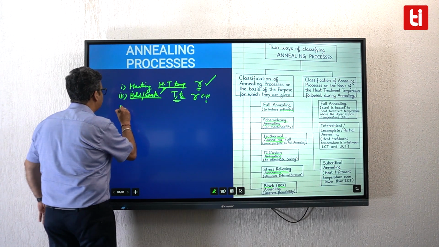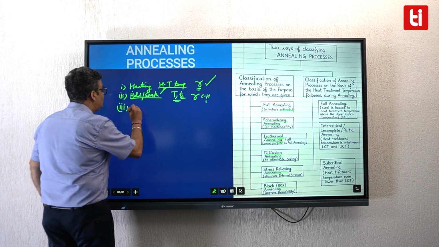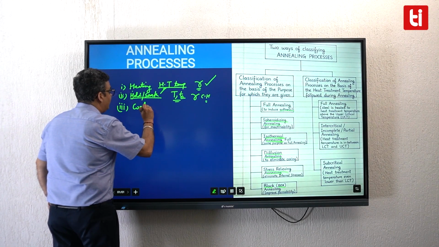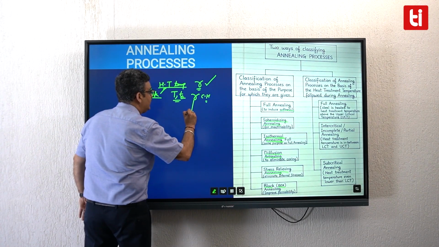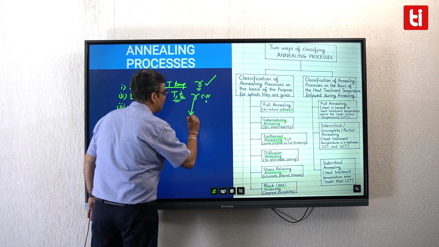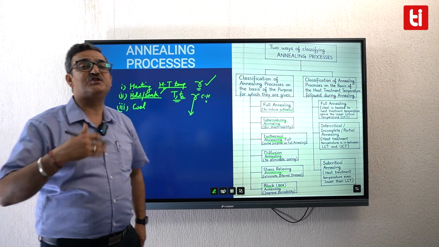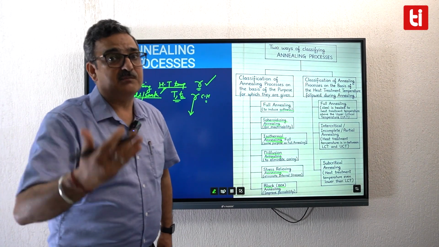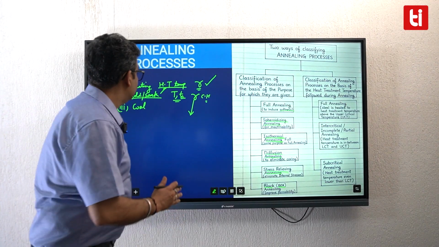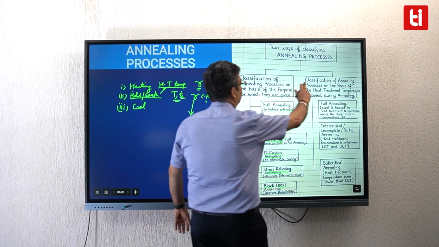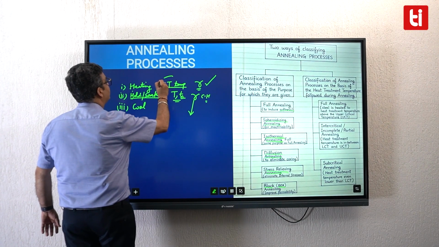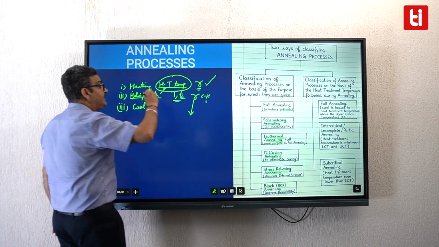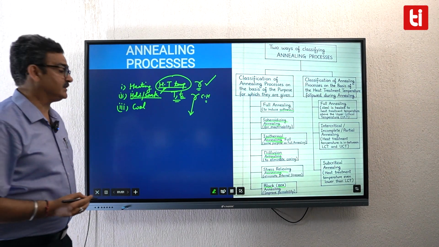In the third step, you will cool your steel with a given cooling route, so that you are able to decompose your austenite into the phases into which you wish to see the microstructure comprising of, right? So this second classification of annealing processes is based on the heat treatment temperature that you take during any annealing process.